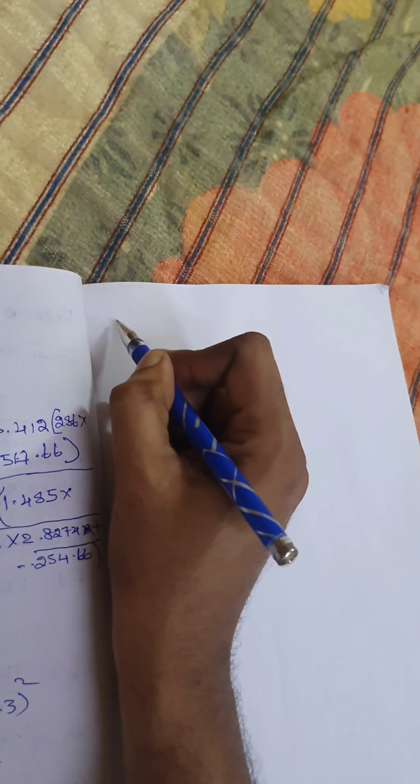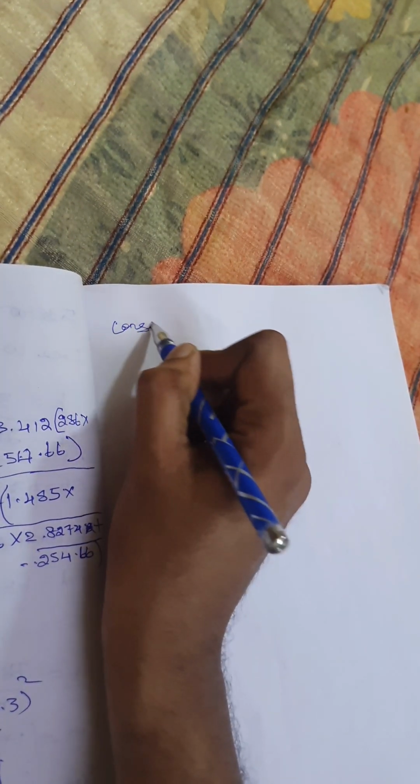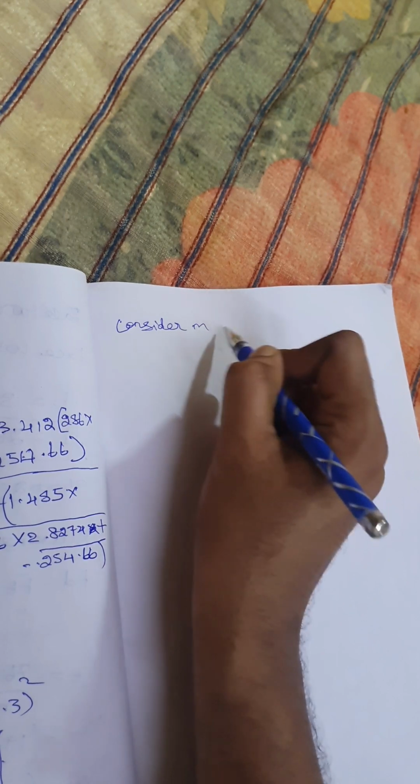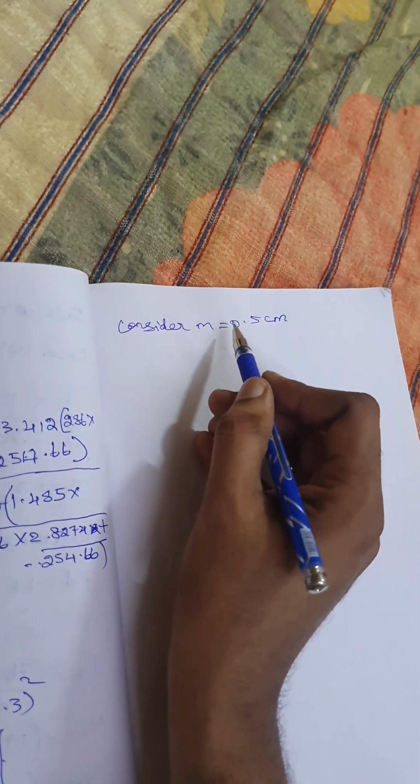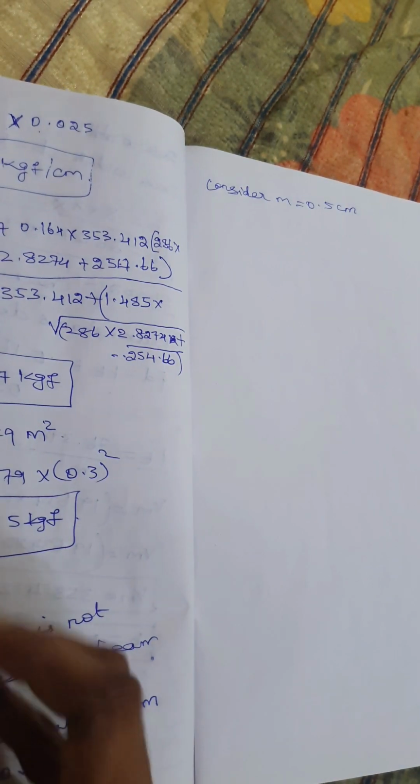So we can consider m is equal to 0.5 centimeter. So only if you consider this value, the f of s value will be greater than f of d.